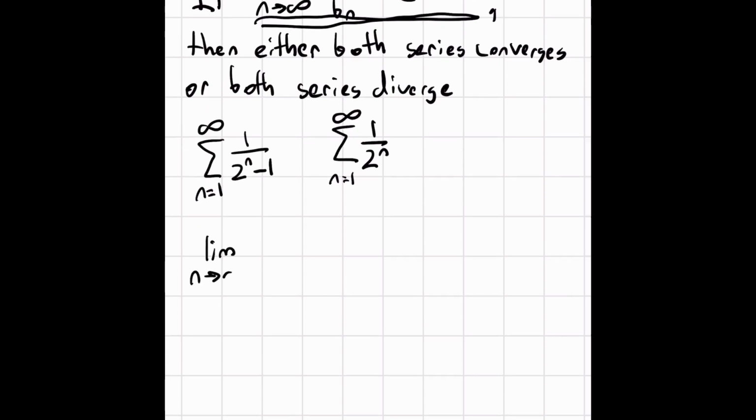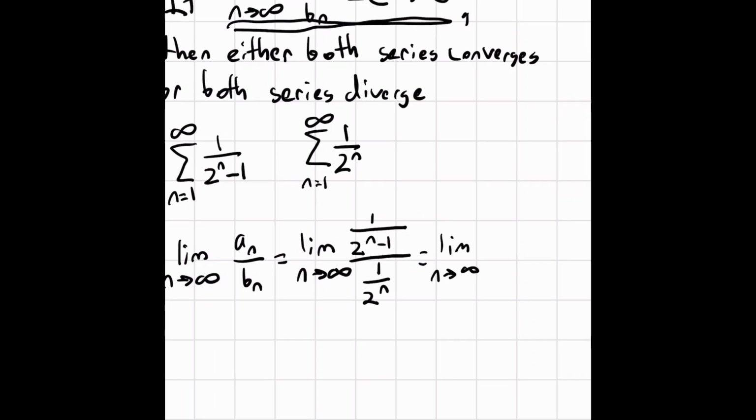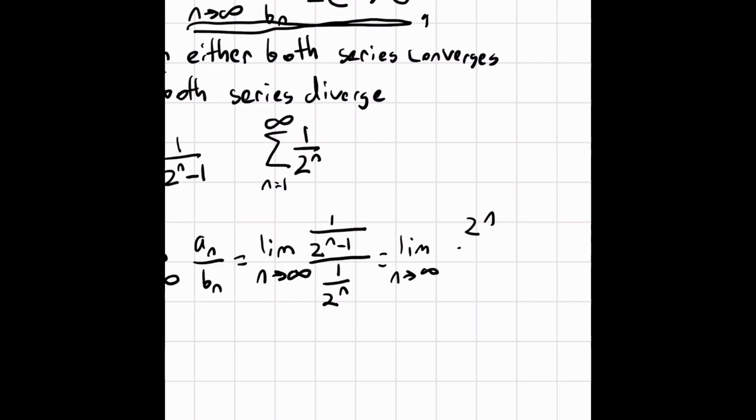So let's do the limit comparison test, and do the limit as n goes to infinity of an over bn. Now it doesn't really matter which one is a or b, it's just going to give you either c or 1 over c. This looks like 1 over 2 to the n minus 1 over 1 over 2 to the n. Now if you do keep, change, flip, this is going to turn into 2 to the n over 2 to the n minus 1 multiplied by the reciprocal, right?